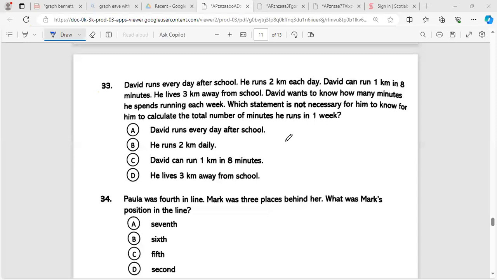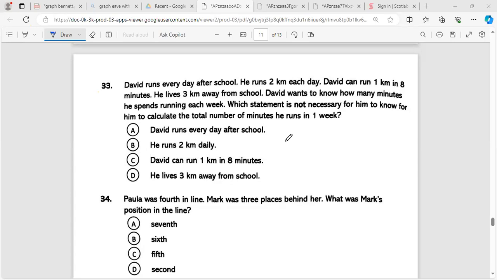Because, sir, everything else is telling you something that was inside of the paragraph, and B is just telling you how much he runs daily, and it isn't calculated in minutes, so it's not relevant. Okay, it could be useful. So you say he runs 2 kilometers daily is not important.